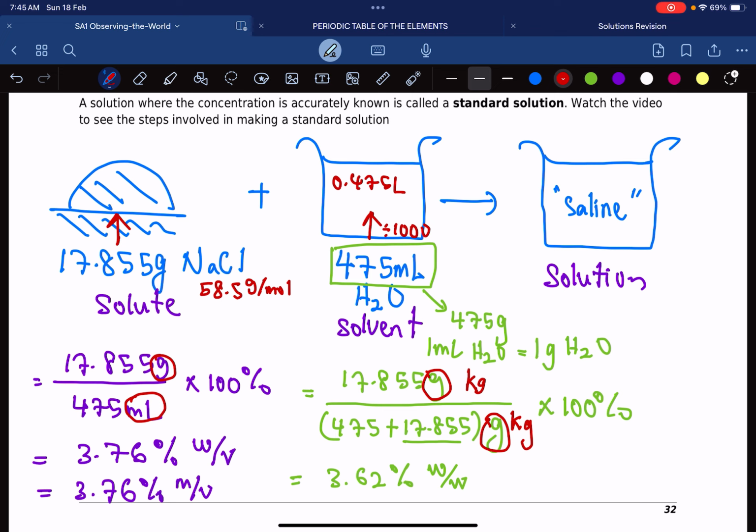17.855 divided by 58.5. Oops, I think I made a mistake. 17.855 divided by 58.5.